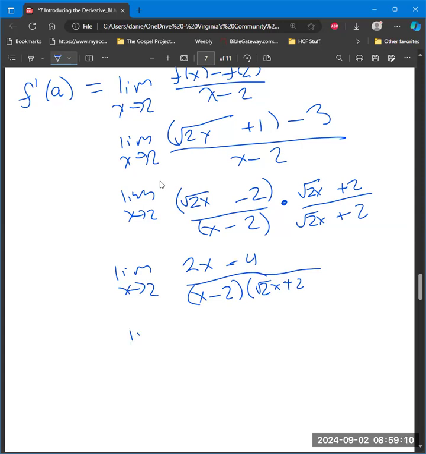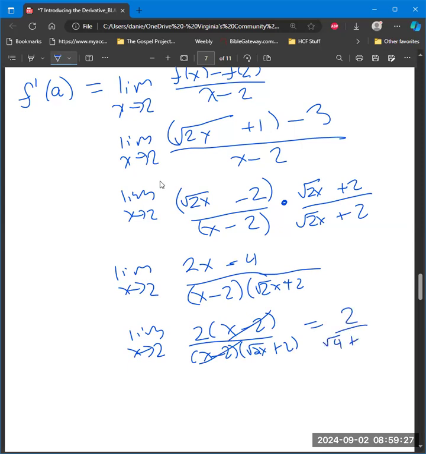And this is the limit as x approaches 2 of 2 times x minus 2 over x minus 2 times root 2x plus 2. Those will cancel and leave me with 2 over root 4 plus 2, which is 2 over 2 plus 2, which is 2 over 4, which is 1/2.